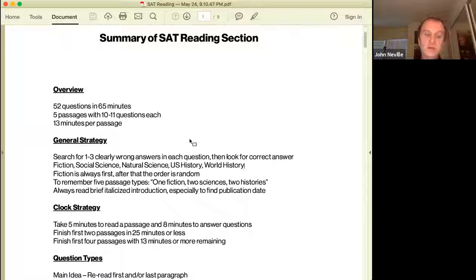Speaking of difficulty, a lot of my students stress out about, what if I get a really tough reading passage? And I say, well, if it's going to be tough for you, then it's going to be tough for everybody. And if it's tough for everybody, then the scoring scale is going to be easier to reflect that. Now, this is obviously true for all four sections of the SAT, but I think in particular, it's a source of comfort in the reading section.